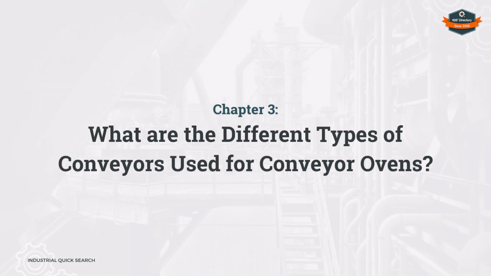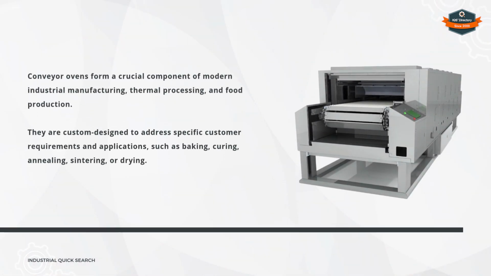Chapter 3. What are the different types of conveyors used for conveyor ovens?